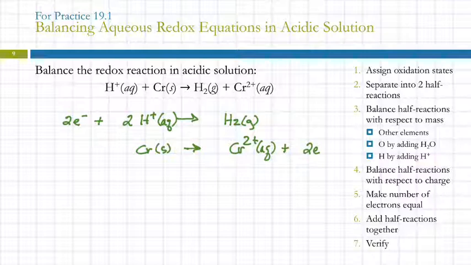So I'm going to add my 2 electrons over there. -2 and +2 add up to 0, which is the total on that side. Now we need to make sure the number of electrons are equal. Well, on this one they already are. We've got 2 and 2, so we don't have to worry about that.